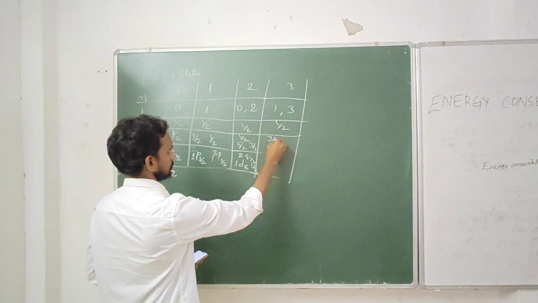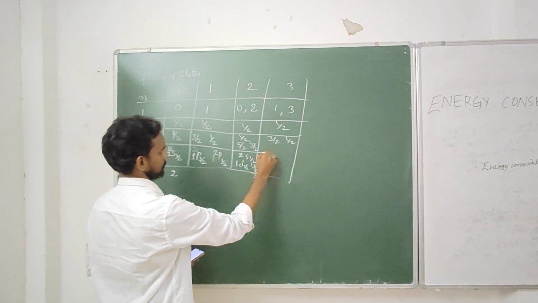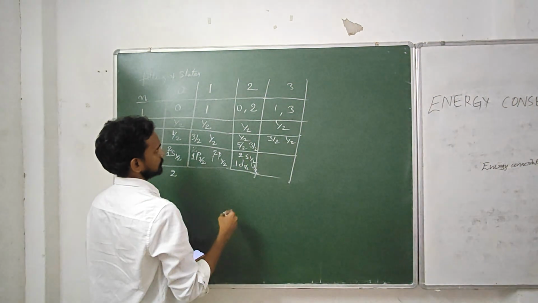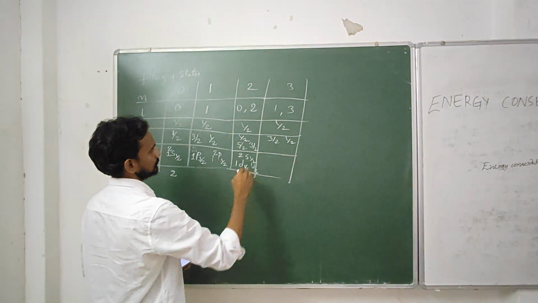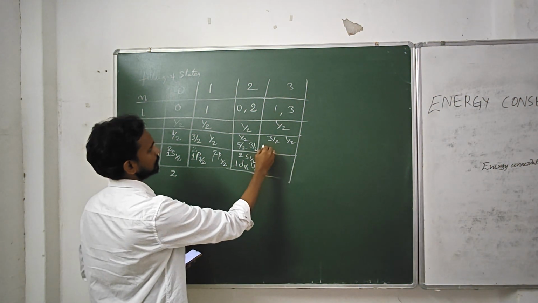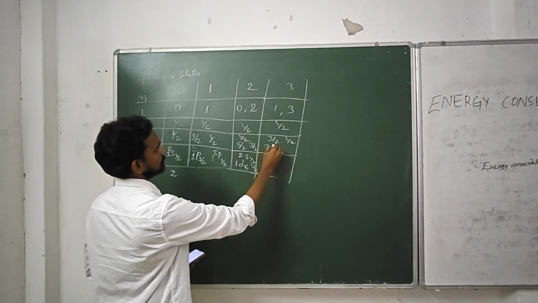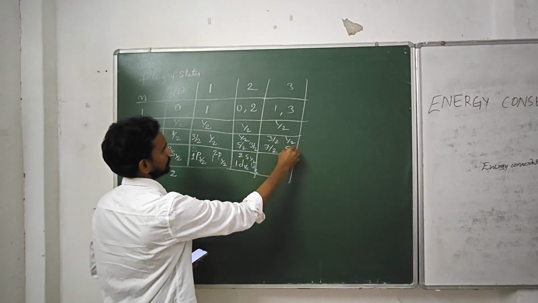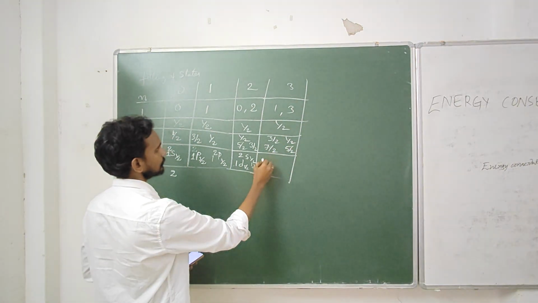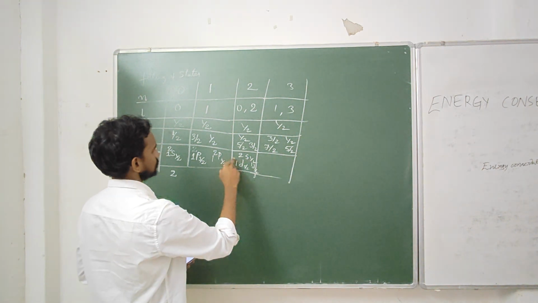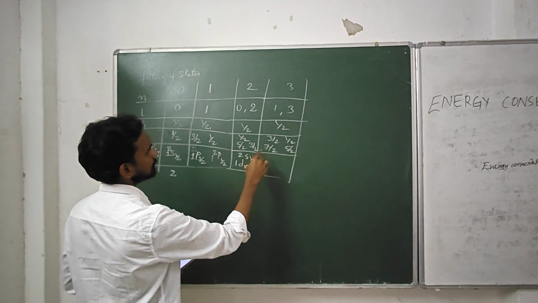So it is 3 by 2 and 1 by 2 for p orbital, and then for f orbital 7 by 2 and 5 by 2. So 1p is over.